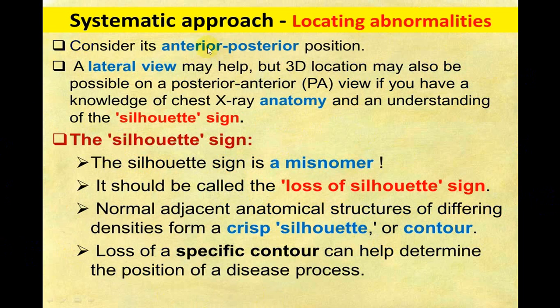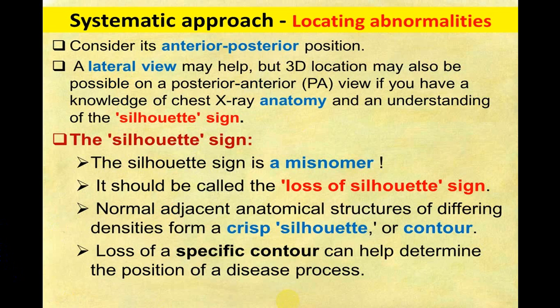And whenever you get a silhouette sign in an AP view or a PA view, always try to have a lateral view to identify whether it is in the anterior mediastinum, middle mediastinum, posterior mediastinum, etc., or the superior mediastinum. If you want to differentiate mediastinum-wise, you should ask for a lateral X-ray.